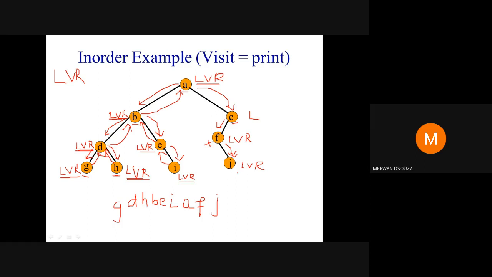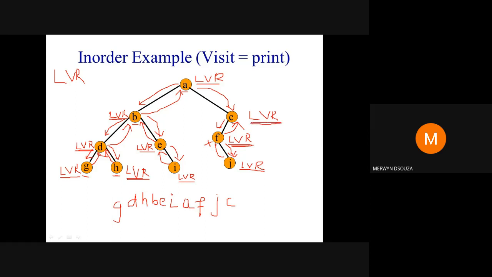Cannot go right. All the steps are done. So go back up here. Any steps remaining here? No. Okay. All the steps are done. Go back up here. Any steps are remaining here? Yes. Visit is remaining. Okay. So you will say, put it in the output. Any other step? Yes. Try to go right. But there is no right here. Okay.